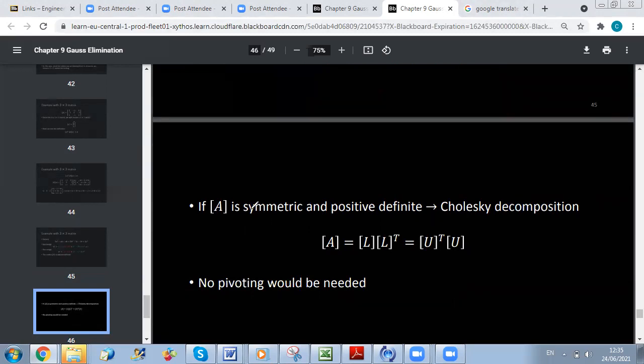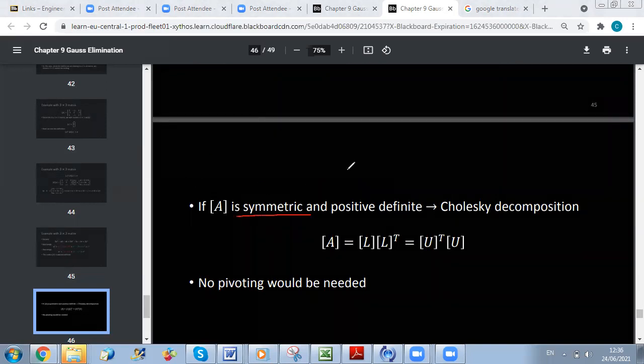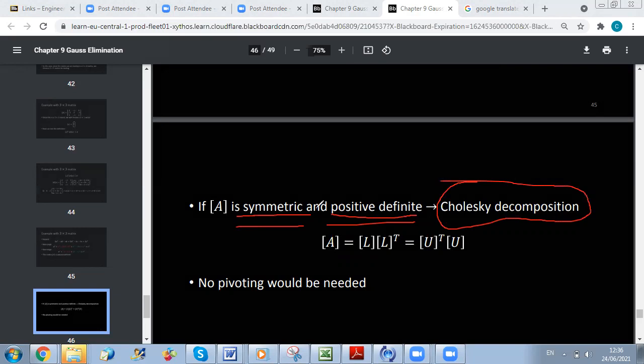I already proved it's symmetric, because it's a square matrix and A is equal to A transpose. And I proved that it's a positive definite matrix. So now all I have to do is define what the Cholesky decomposition is and how I can benefit from these properties to facilitate the factorization process.